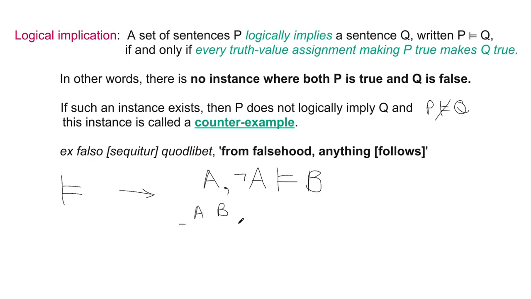So we have A and B. And then we have not A here, and we'll draw like a nice bar to separate the variables. So we have the opposite of A over here.